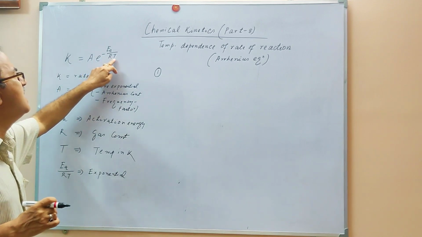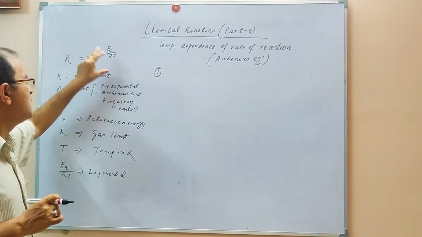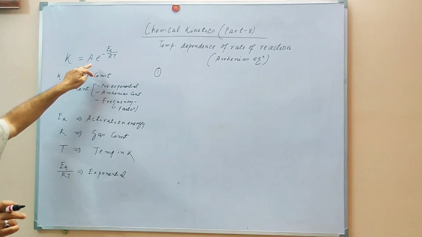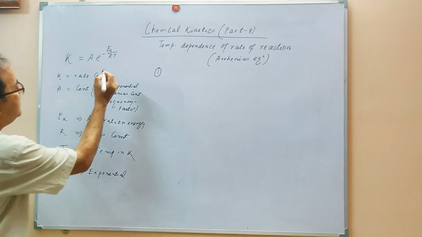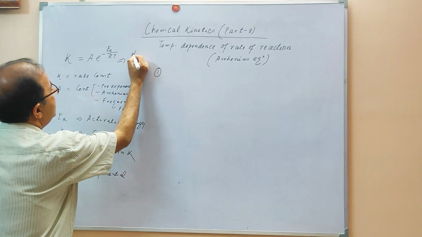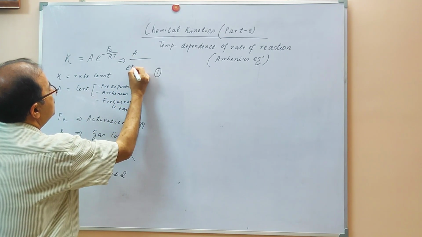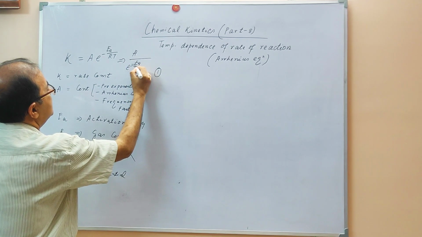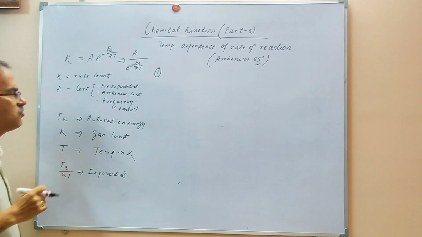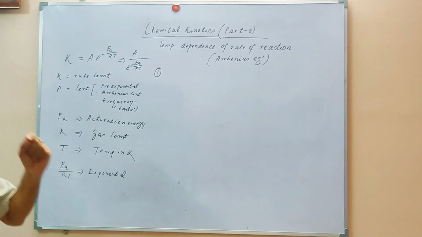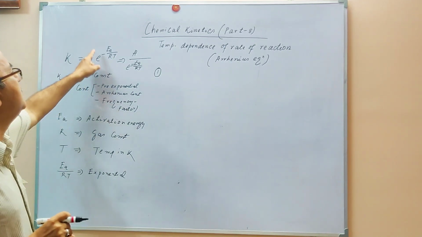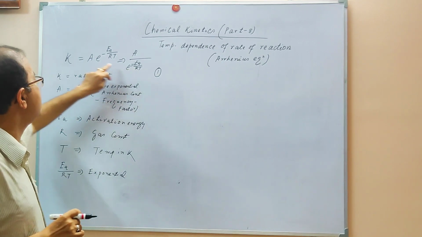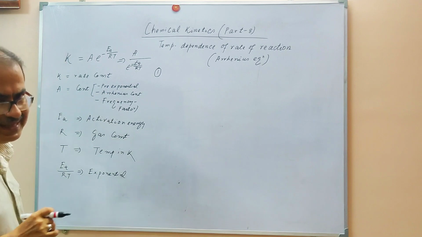So when T increases, the value of EA by RT decreases, and the k value will increase.